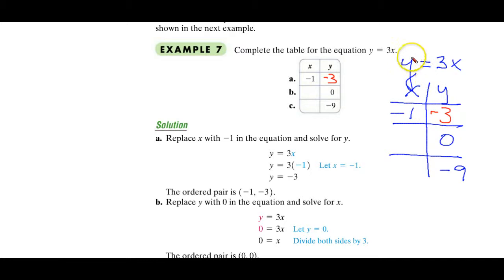If y is 0, divide both sides by 3, you get x is 0. And if y is a negative 9, divide both sides by 3, x equals a negative 3.